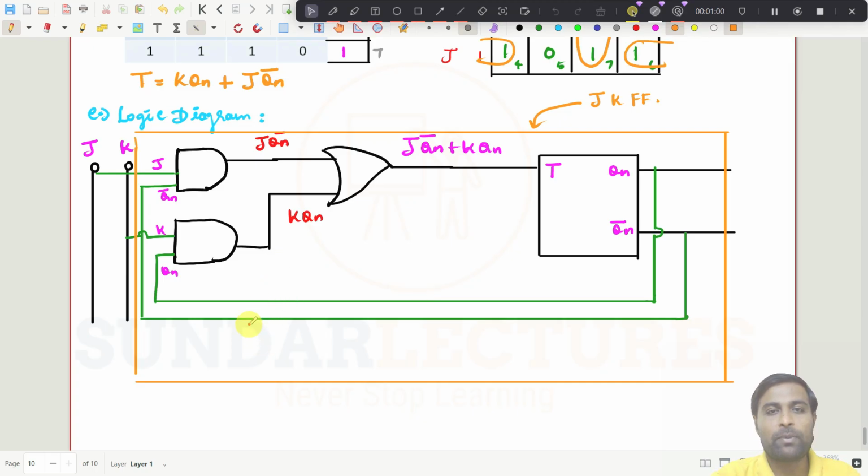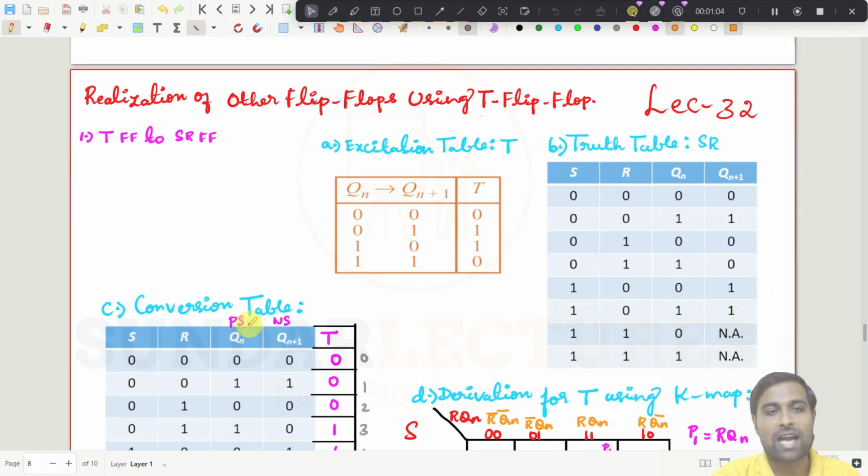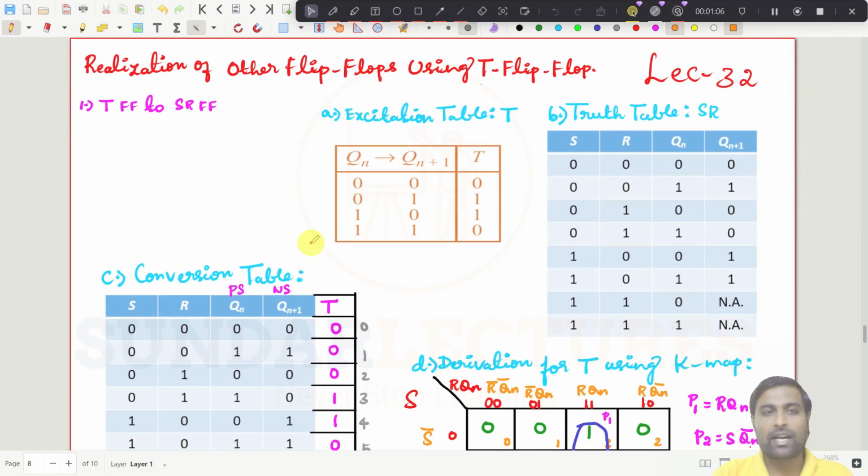So what are the topics we have seen in this class? We have started the topic of realization of other flip flops using T flip flop, right? For T flip flop, for the first step we need to take the excitation table of the T flip flop, and the second step we need to take the flip flop whichever you need to convert.